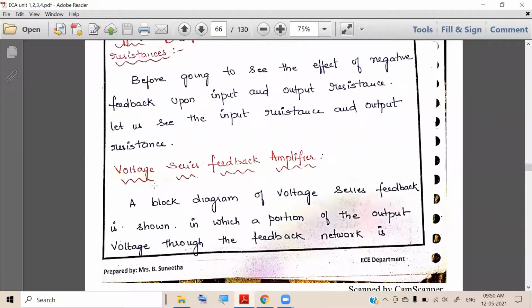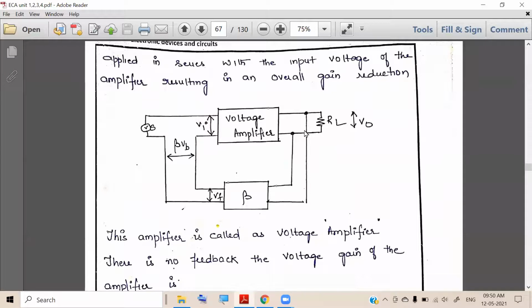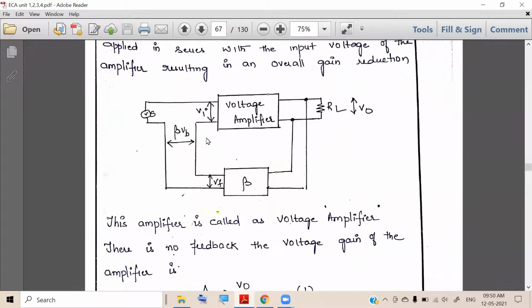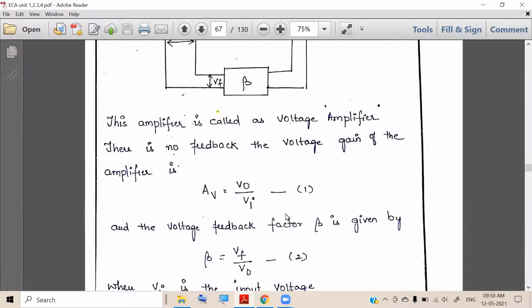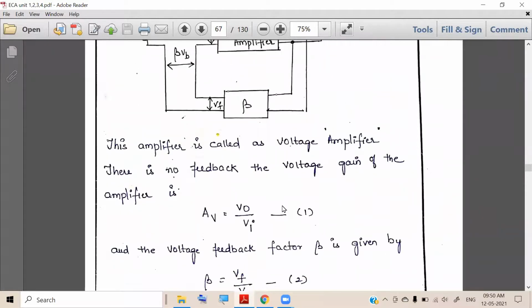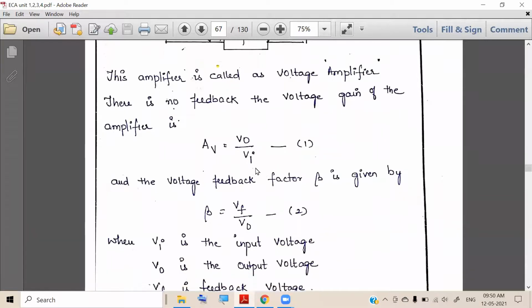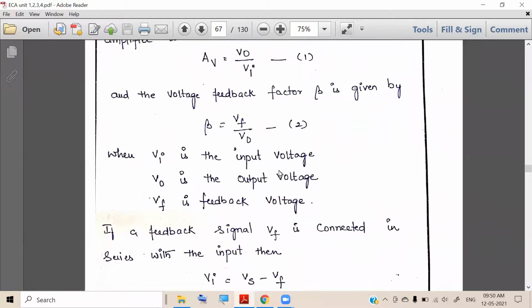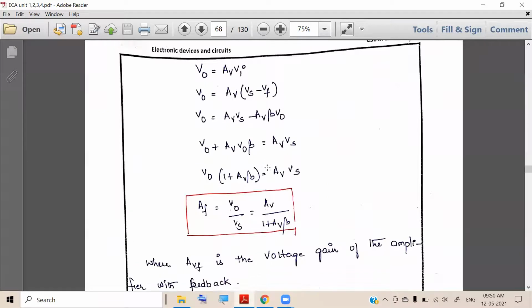So the good thing with voltage series feedback is everything is in terms of voltage. The output is voltage, and the feedback signal is also voltage. That is the reason we could easily take the relation, and the calculation of the voltage gain was easy. But for the next one it is not so.